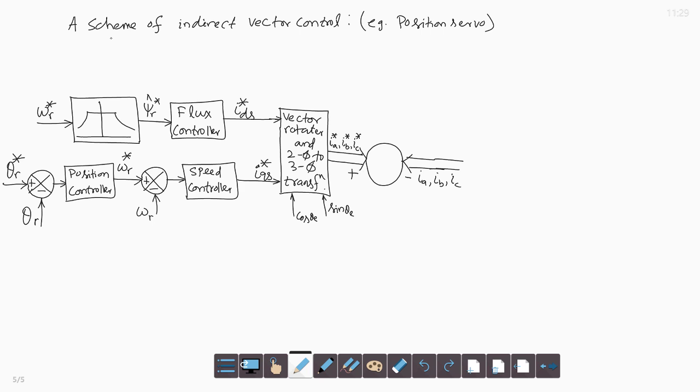The power circuit consists of a diode rectifier at the front end, which gives the DC supply for the PWM inverter. This is the PWM inverter.